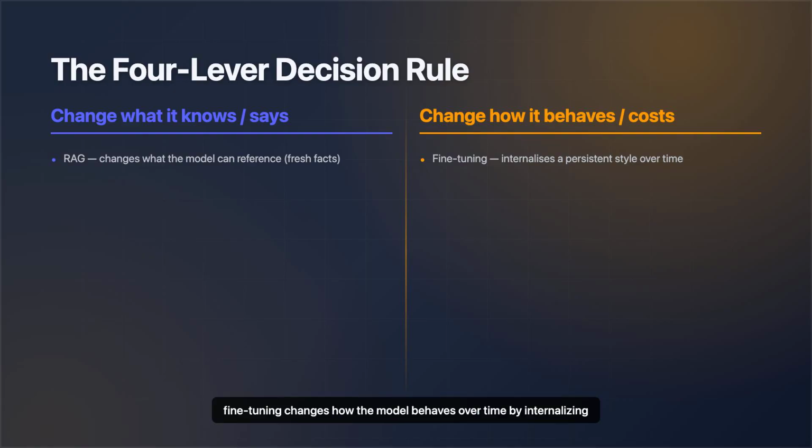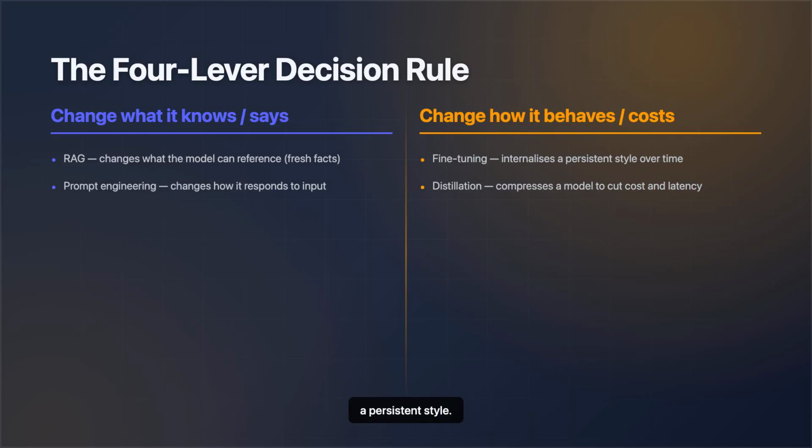On the other side, fine-tuning changes how the model behaves over time by internalizing a persistent style. And distillation changes the cost and performance profile by compressing a larger model into a smaller, cheaper one. Freshness, response shaping, lasting behavior, or cost. Pick the lever that matches the constraint. We'll go deep on each of these starting in the next video.